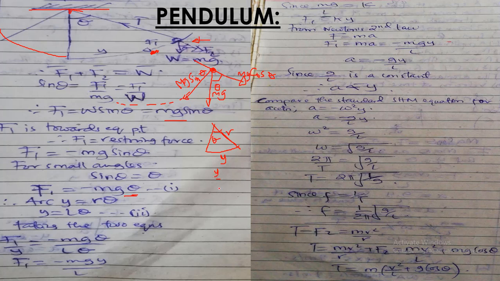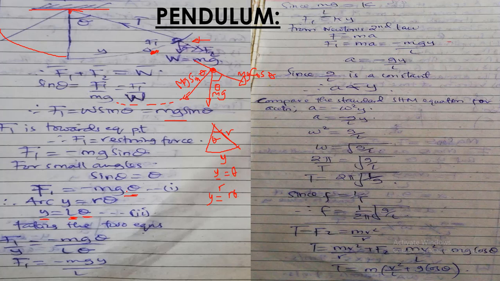So y over r is equal to theta. The arc length y is equal to r times theta, and the radius, in this case, is the length of the string, so y equals the length of the string times theta.